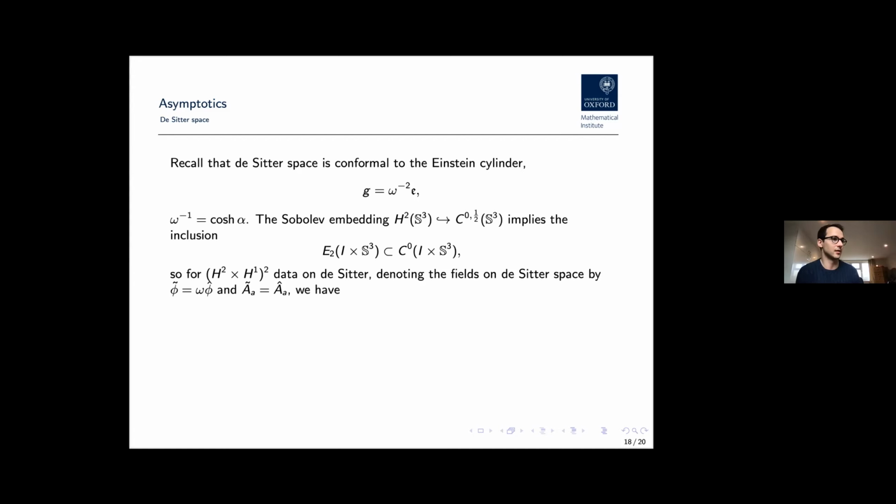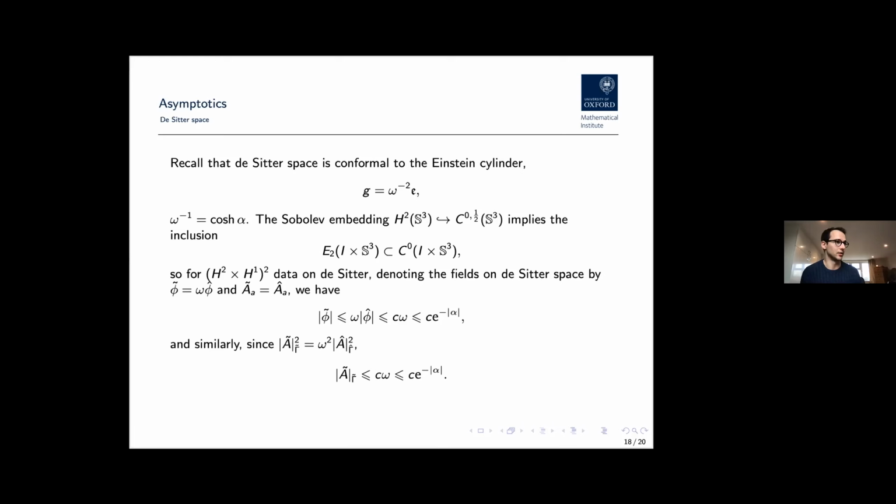So de Sitter space is a space-like hypersurface sitting at a finite conformal time on the Einstein cylinder. And because my solution is then continuous, it is uniformly bounded on Scri. And the only thing that then plays a part in estimating the physical solution is this conformal factor, which appears in front of the rescaled solution and introduces a factor of exponential decay.